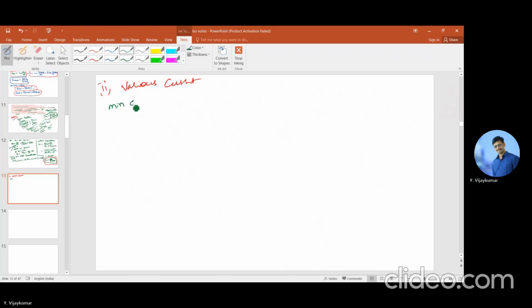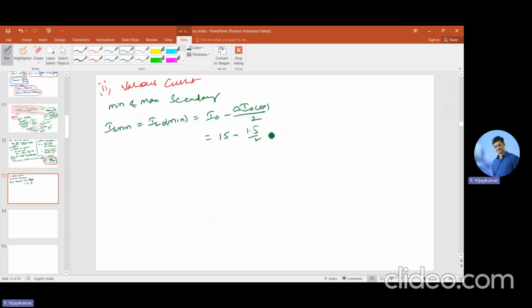I will call this IS minimum, because secondary. That is equal to IL naught minimum, the current flowing through the inductor, which is I naught minus delta IL naught peak to peak divided by 2. So I naught which we got is 15, and delta IL naught is 1.5, divided by 2, that is 14.25 amperes.